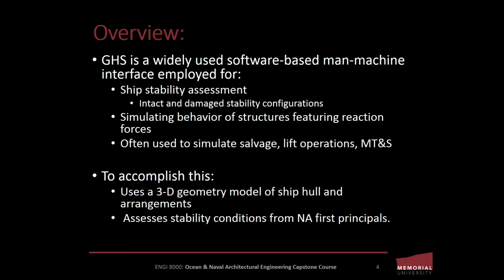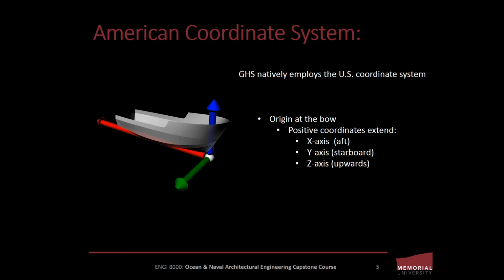So, first and foremost, we need to know that GHS interprets model information and hydrostatic inputs through an American or US customary lens. In other words, the default coordinate system and units of weights and measures is the American coordinate system. Referencing the image in the slide, we can see that the coordinate system of the ship originates at the bow, usually at the keel or a common reference point if a sub-keel baseline is used in your drawings.